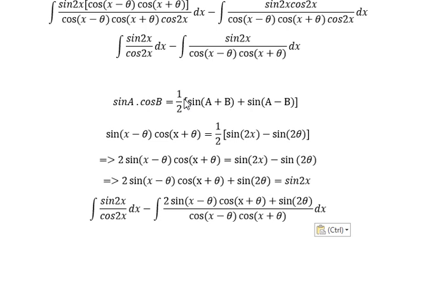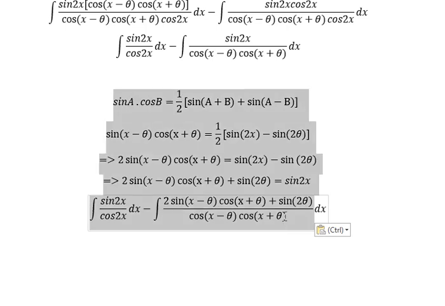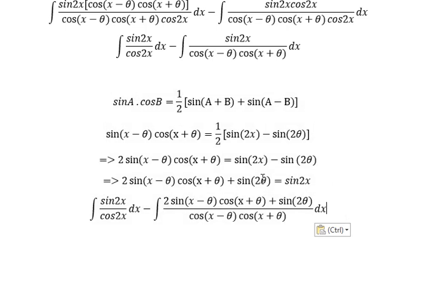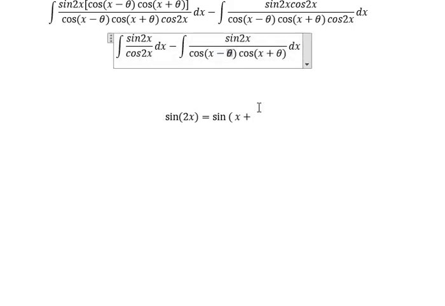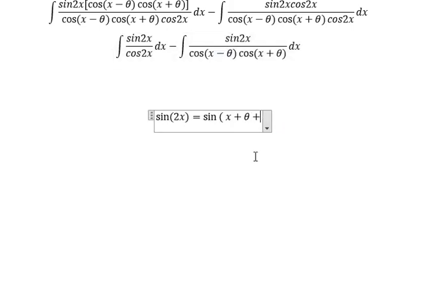As you can see that we cannot use this way, so we use the next formula. So we have sin 2S equal to sin(S + θ + S − θ).